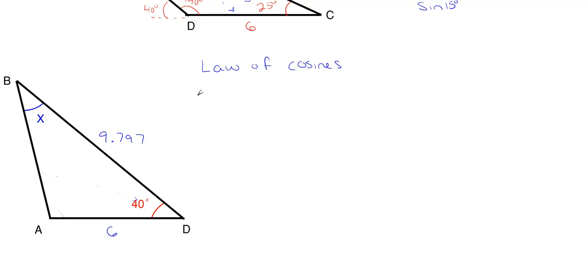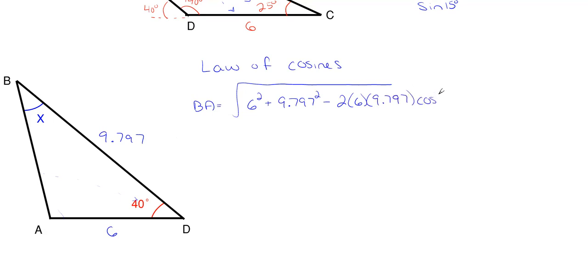So let's go ahead and set up our law of cosines equation here, which would be BA is equal to the square root of one of my sides squared, which would be 6 squared, plus the other side squared, which is 9.797 squared, minus 2 times my sides of 6 times 9.797, and then multiply by the cosine of the angle opposite the side I'm looking at, which is BA, so that'd be the cosine of 40.